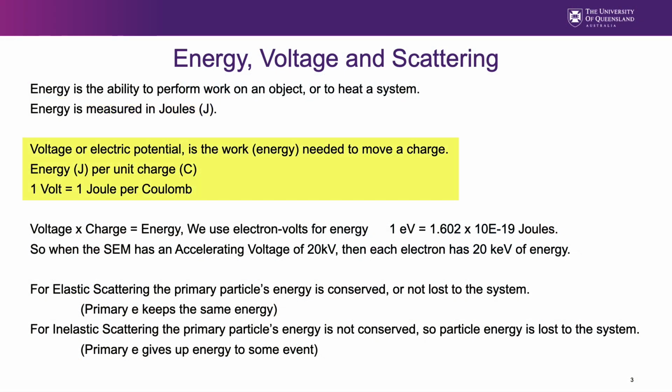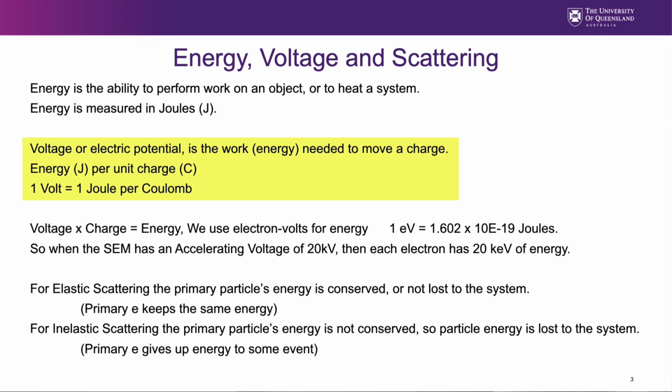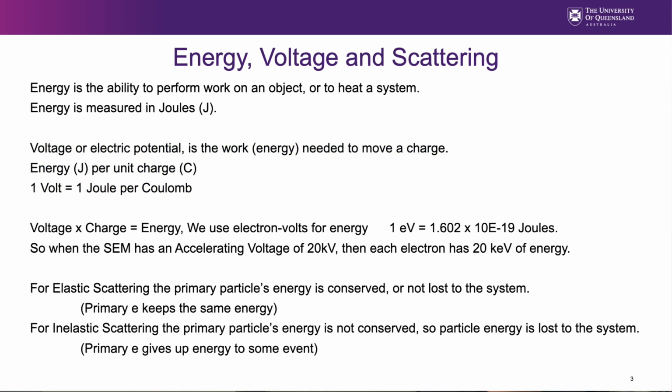Voltage, or electric potential, is the work or energy needed to move a charge. So voltage is energy per unit charge, and in particular, 1 volt is 1 joule per coulomb. Given that definition of what a volt is and what voltage is, it's pretty obvious that a voltage times a charge equals energy.